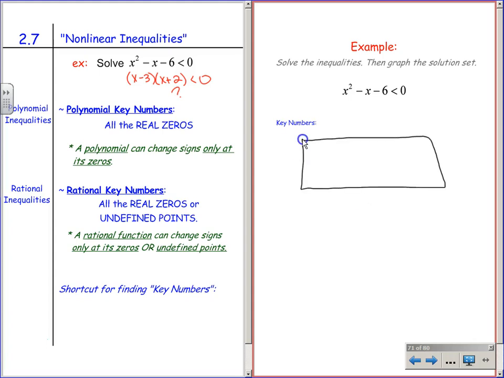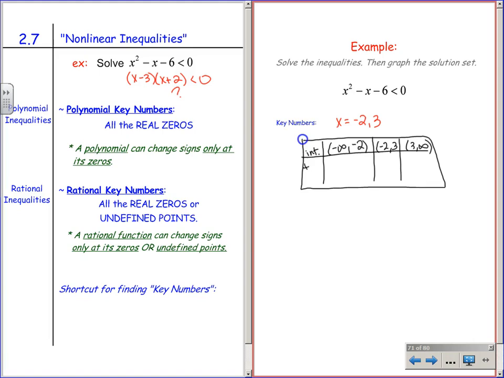Our key numbers from this function, because of what we solved over here, are x equals -2 and 3, which is why in our sign chart, when we go to do our intervals, I'm going to go from -infinity to -2, -2 to 3, 3 to infinity.